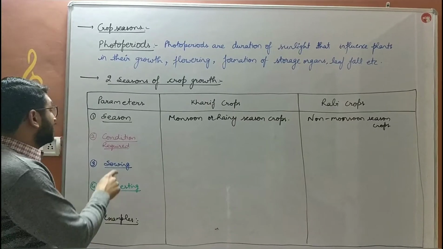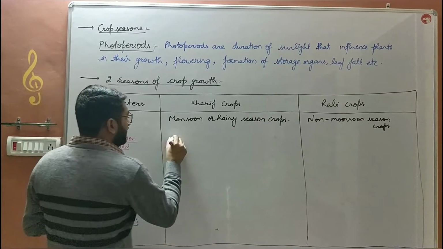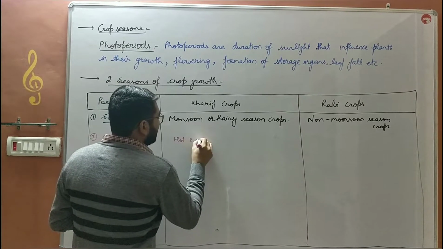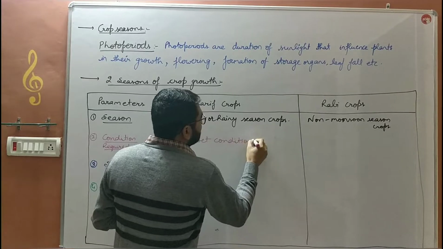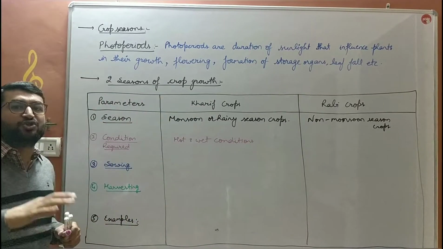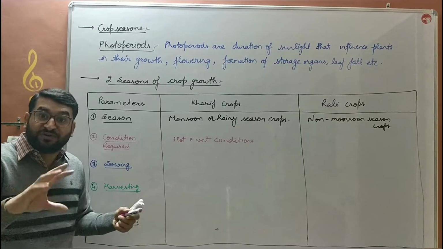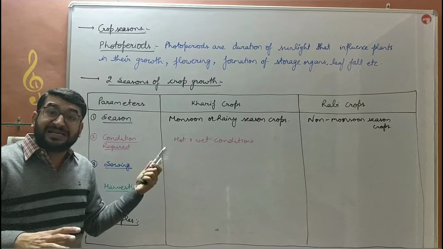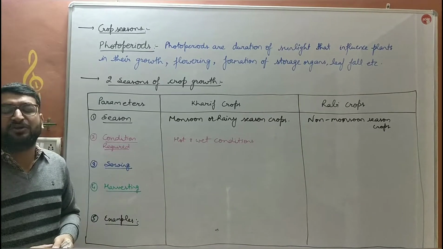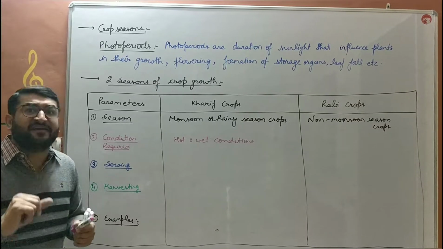The second one is conditions required. Kharif crops require hot and wet conditions. If you remember about the seasons, monsoons usually come in June or July, from June to August, in between these three months. So these months are quite hot and wet. The humidity in August, after mid-July, is quite high.